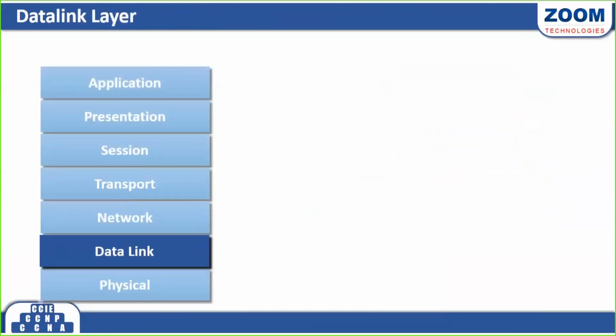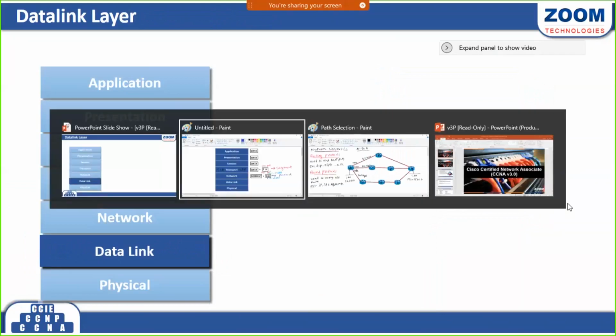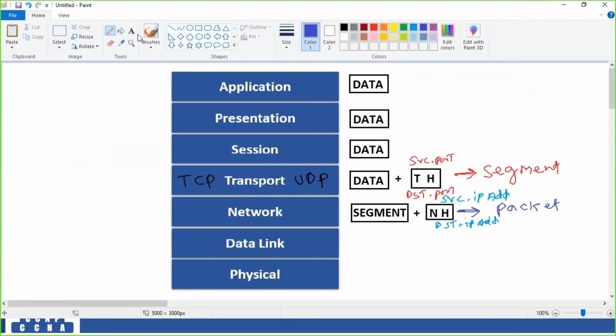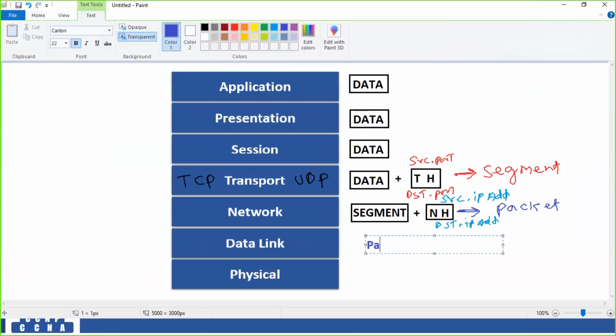So next is the data link layer. Now data is flowing from application, presentation, session, segment, packet to the data link layer. Now what will the data link layer do?